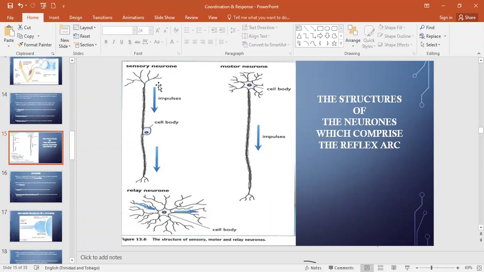This is the dendrite. Excellent. And what is this part here called? The axon. Excellent. And what is this called? The axon terminals? Okay. Or the nerve end?